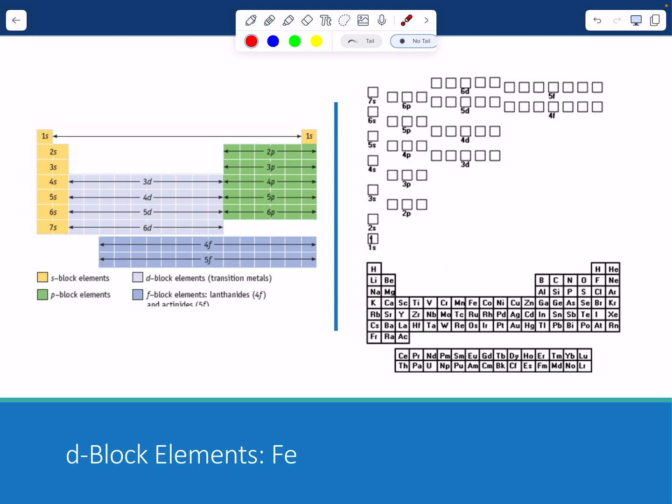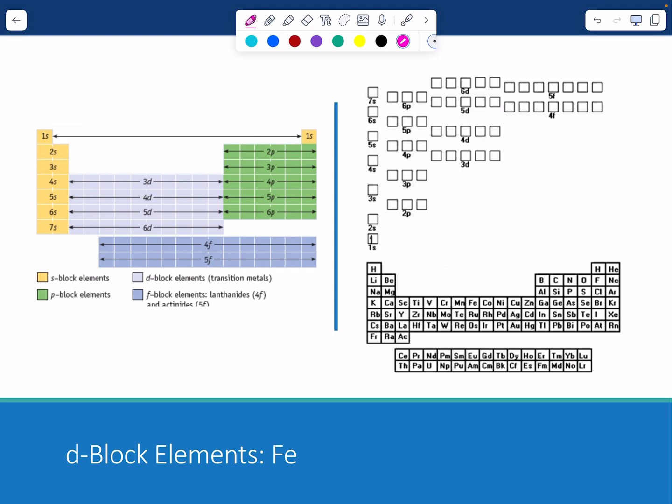So we're going to have to use a slightly different process for this. We're still going to figure out our position on the periodic table, and we're going to figure out how many total electrons we have, but we're going to have to fill that 4s orbital first.